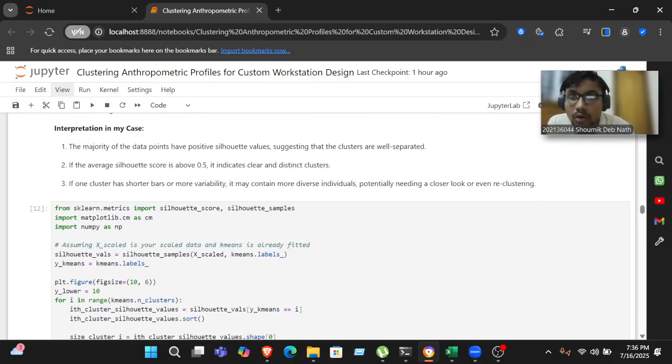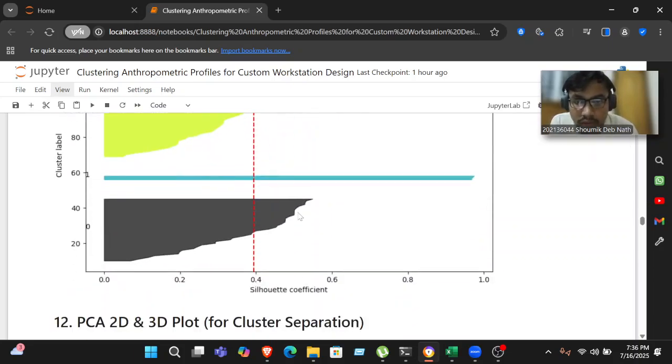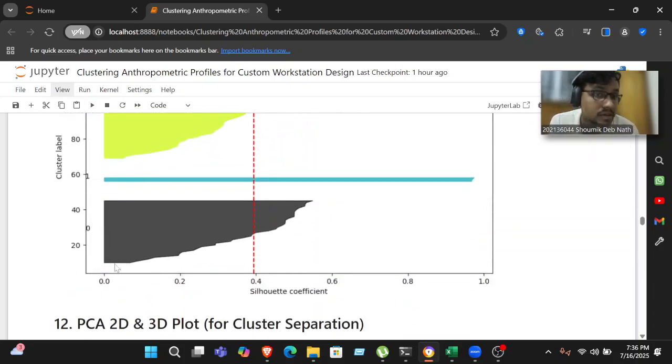And lastly, if one cluster has shorter bars or more variability, it may contain more diverse individuals, potentially needing a closer look or even reclustering. As you can see, there are some bars like this one. Let's say the cluster label is five.